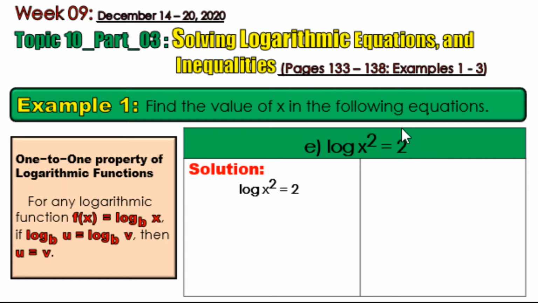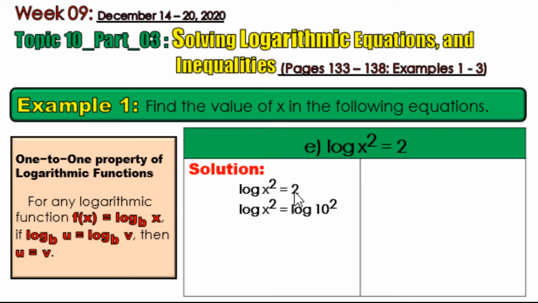We will be expressing this as a logarithm of a number to the base 10 because our base here is 10. Remember, this is a common logarithm, and a common logarithm is a logarithm of base 10. So how do we express 2 as a logarithm of number to the base 10? Applying the basic property of equality, we all know that the base of this is 10.